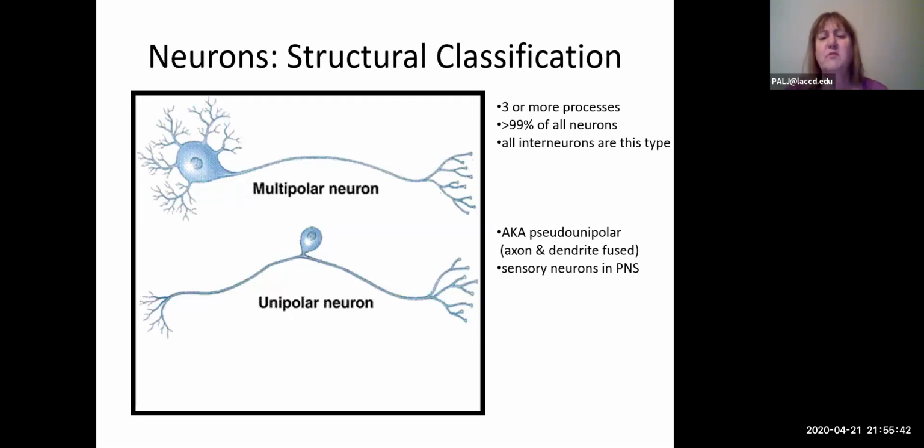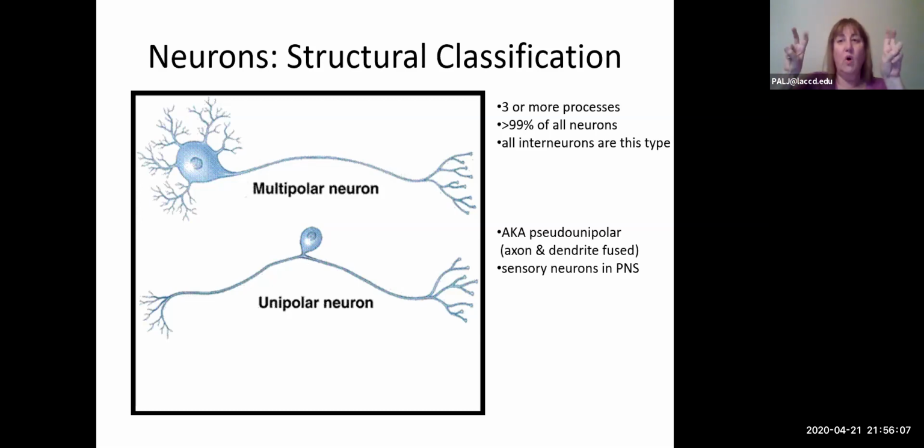So I do have both names written there. Most people call it pseudo-unipolar. It used to be called unipolar because you had the cell body and then it looked like you had one process leaving it, which then split into two different directions. Now we know that one process is actually not two processes. These two things are, this one is coming in and this one is going out.